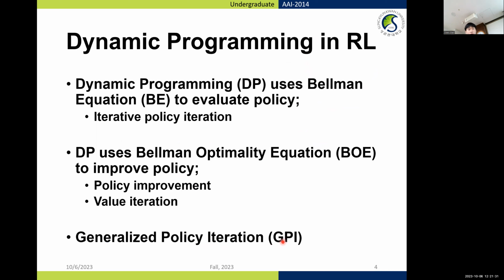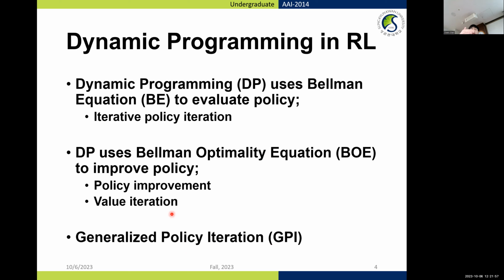A recap of dynamic programming in RL. DP uses the Bellman equation to evaluate the policy, and we designed iterative policy iteration. We also use the Bellman optimality equation to improve the policy, which is policy improvement.